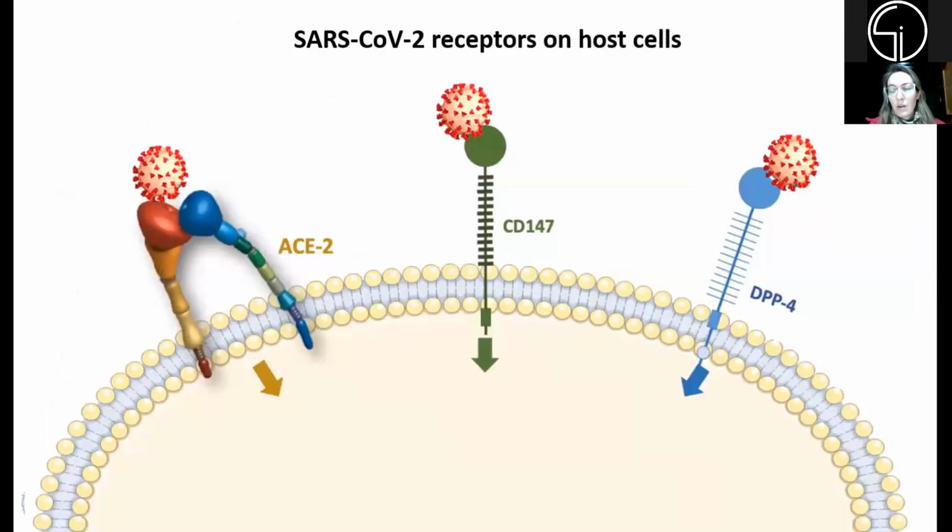SARS-CoV-2 invades host cells mainly via two receptors: angiotensin-converting enzyme ACE2 and CD147. DPP4 can also be a SARS-CoV-2 receptor, but is a null MERS receptor.